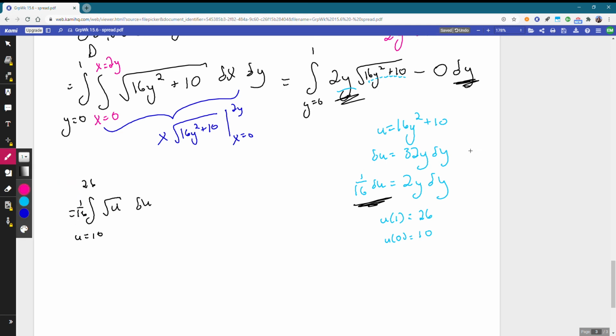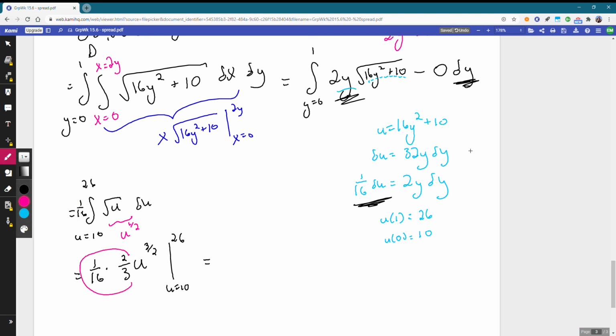All right, and again, integrating here, square root u is a power of u. And so, differentiating gives us u to the 3/2 times 2/3. And we'll evaluate this from u equals 10 to 26. And what we have over here are constants.